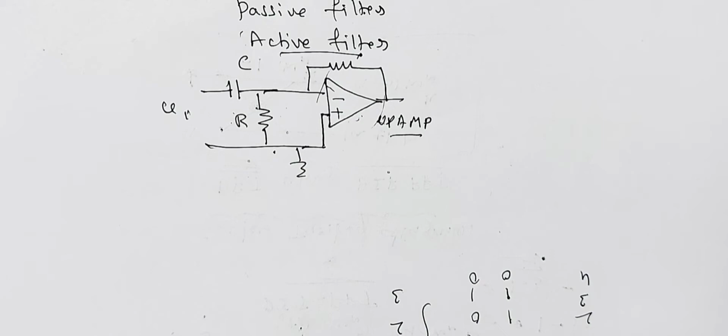In a passive filter, the circuit consists of only passive components such as capacitors and resistors. In an active filter, the circuit consists of not only the passive components such as capacitor and resistor, but also some active devices like operational amplifier.